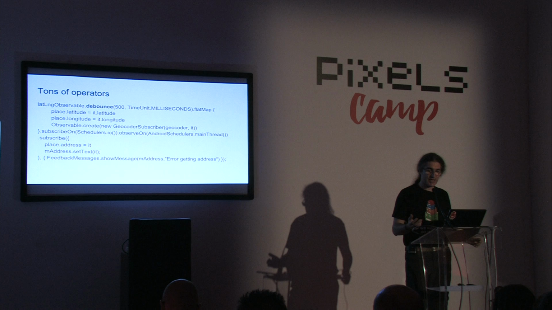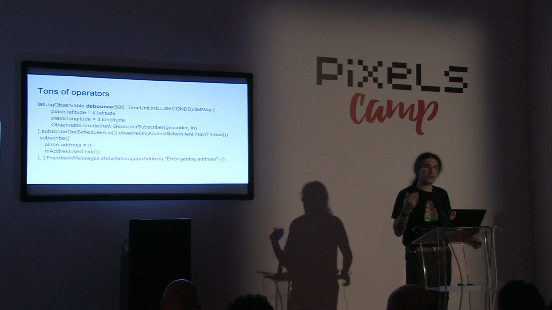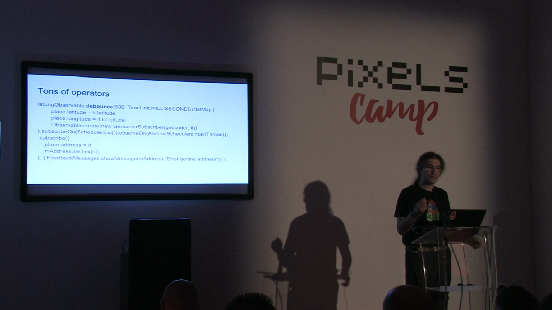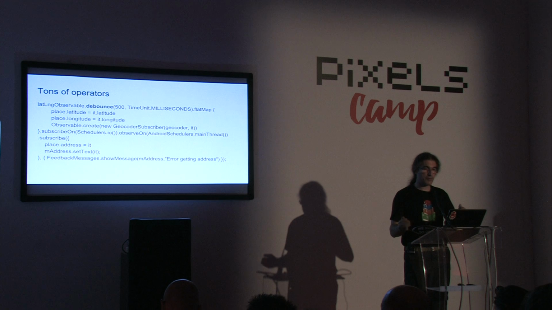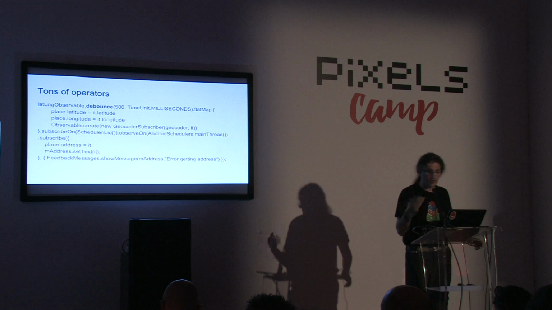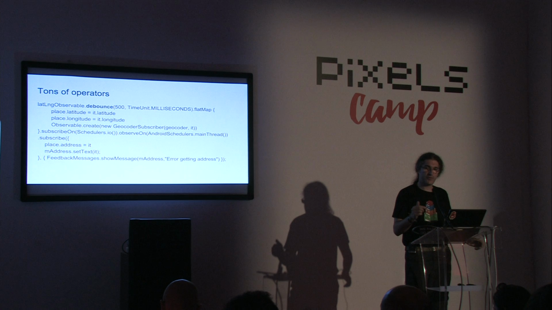And what you should be doing in regards to the Android lifecycle is that when you stop the activity, you should unsubscribe from that subscription in order not to leak your activity. So the subscribe returns an object that you should keep, and on your onPause or onStop or onDestroy, whatever you're using, you should unsubscribe from it.